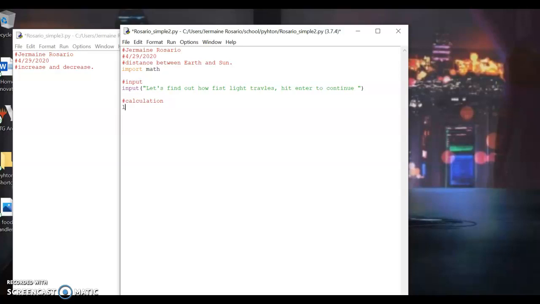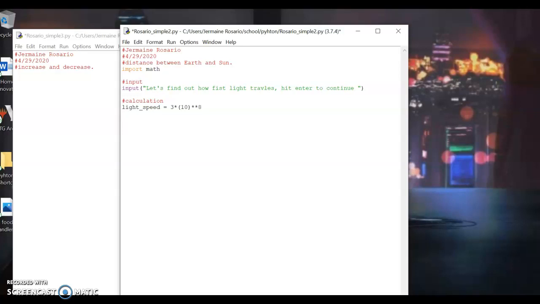So first is converting everything. So first is the speed of the light that we were given. Which the equation we were given was 3 times 10 to the 8th power.